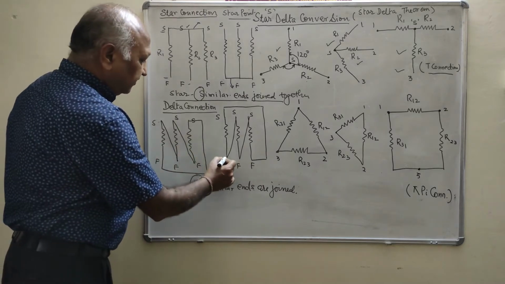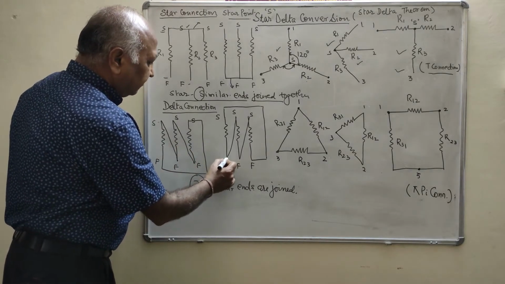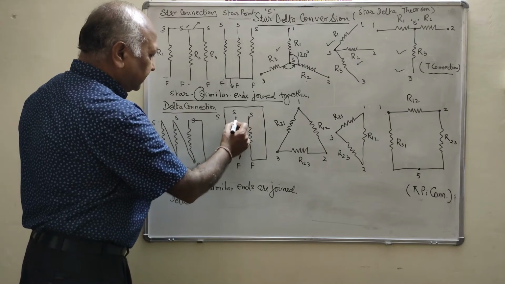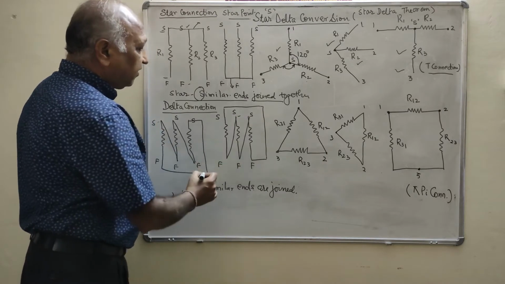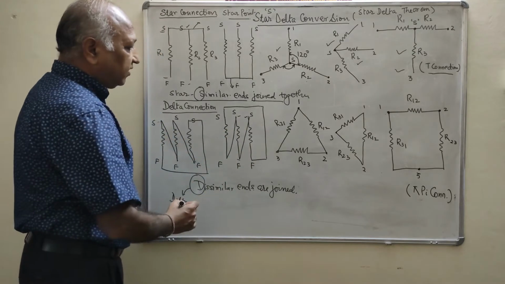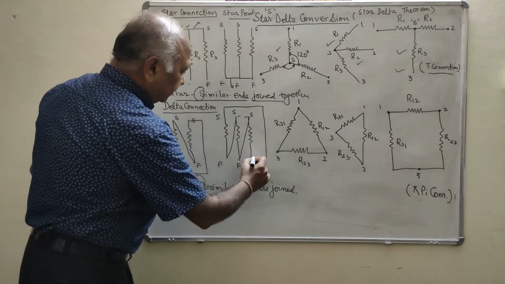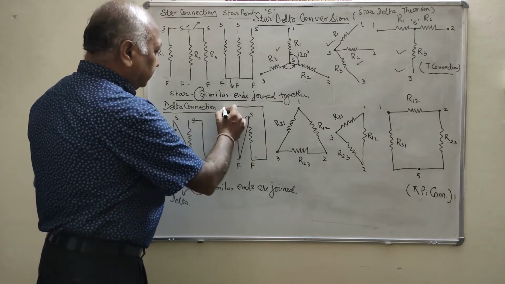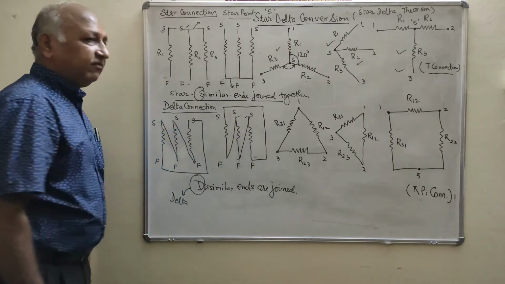Similarly, if you start from the finishing end, the finishing end of the first is connected to the start end of the second, the finishing end of the second is connected to the start end of the third, and the finishing end of the third is connected to the starting end of the first.